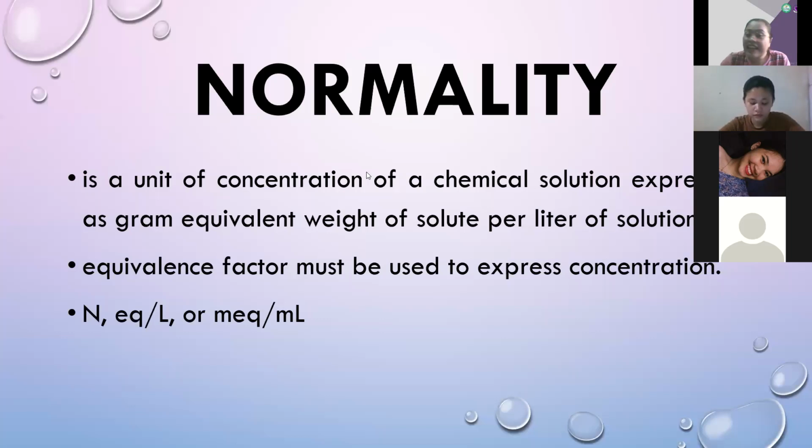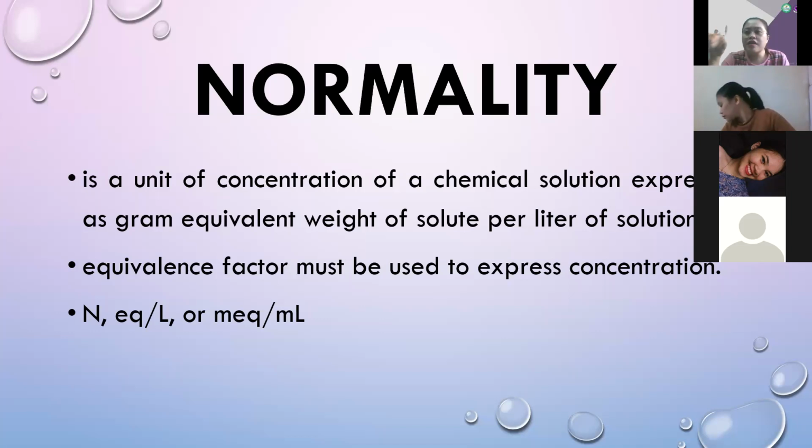Let's move on. This is the third unit of concentration. And this is a bit more complicated compared to molarity and molality. So please listen. Baka mawala kayo during the computation. So again, this is normality.